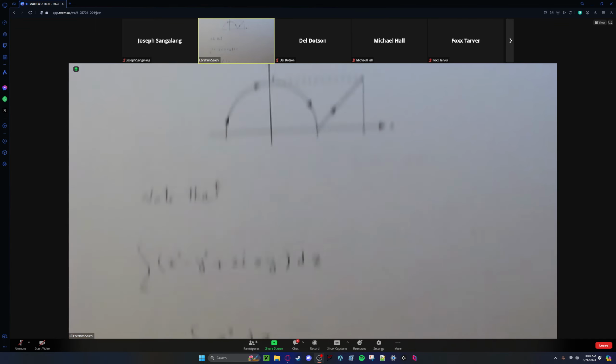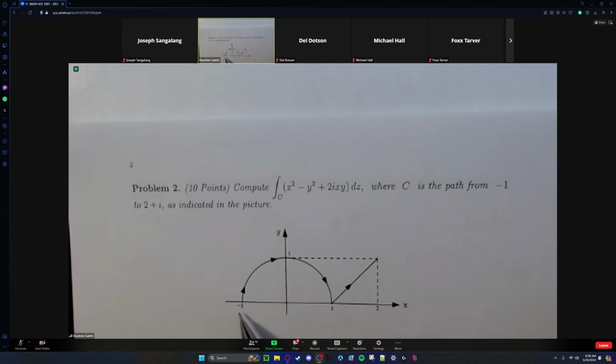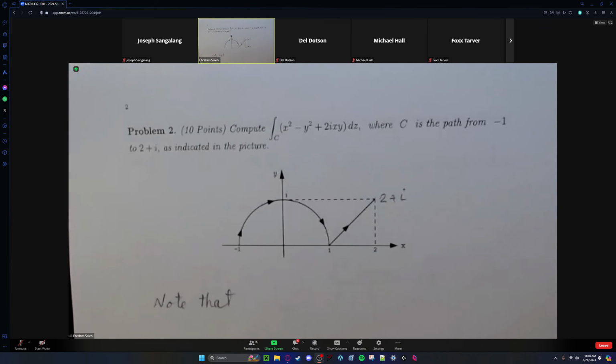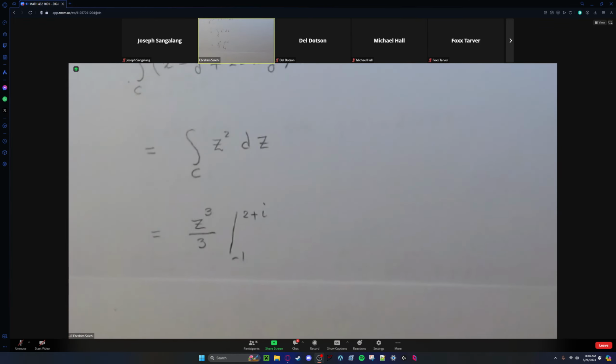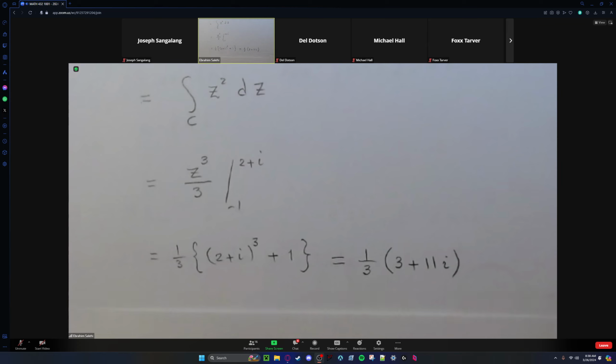And here are the points. -1 to this point, which is 2 plus i. Okay? So when you have antiderivative, the integral doesn't depend on the curve. It just depends on the initial point and the last point. That's simple. And here is the answer. That's simple.